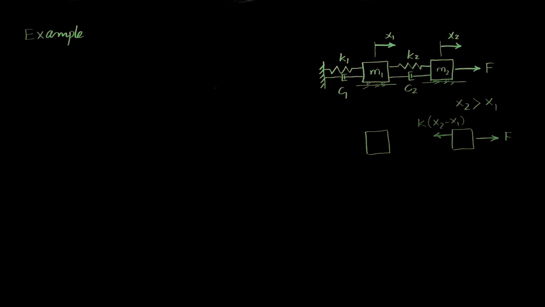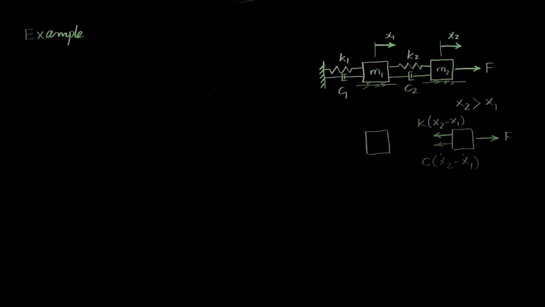The damping force is C times the velocity, and the velocity is x2 dot minus the velocity of mass 1, x1 dot.